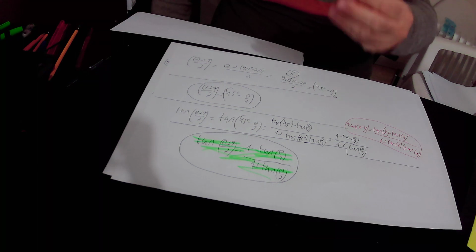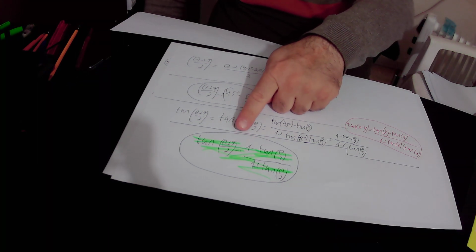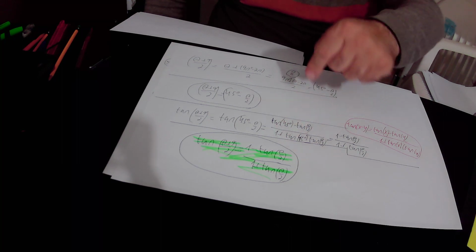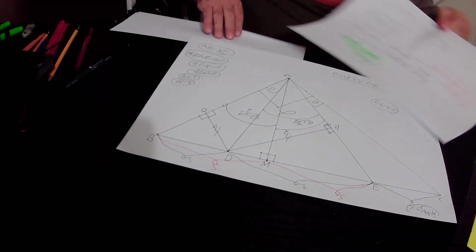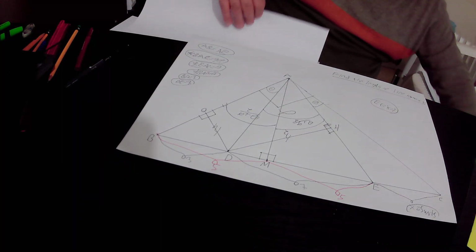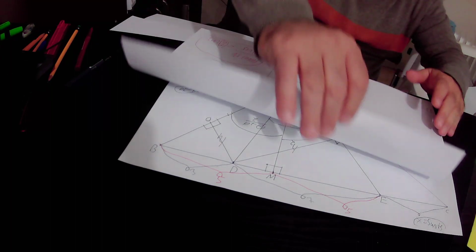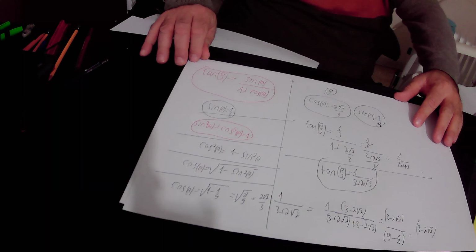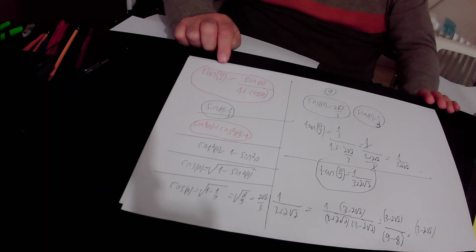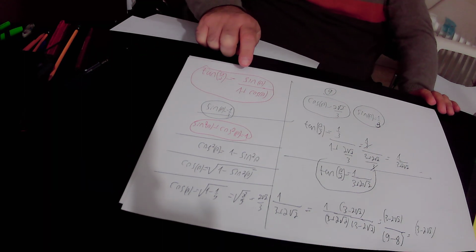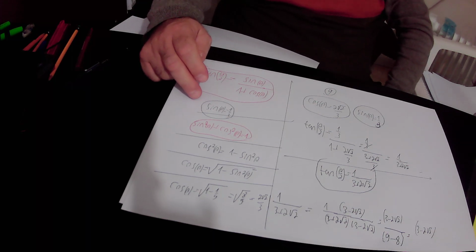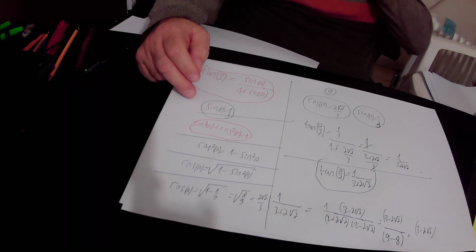So the only thing that is left to do in order to find out the value of tangent of theta plus alpha over 2 is to find out the value of tangent theta over 2. And for tangent theta over 2, we have a trigonometric identity. According to this trigonometric identity, tangent theta over 2 equals sine theta over 1 plus cosine theta. And we already found out that sine theta equals 1 over 3.